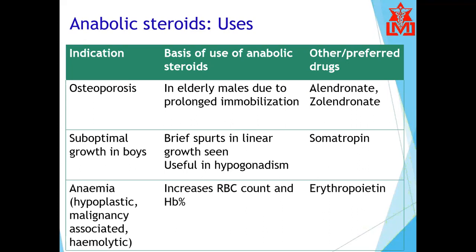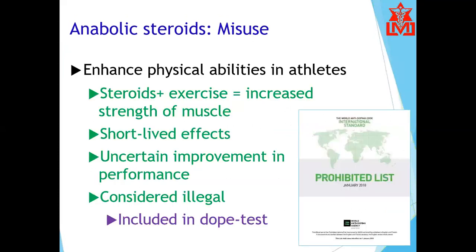For suboptimal growth in boys, a brief spurt in linear growth is seen, useful in hypogonadism, but the best one is somatropin. In anemia, such as hypoplastic anemia or malignancy associated with hemolysis, erythropoietin is used to increase hemoglobin. It is also commonly used in end-stage renal failure, because there is no hemopoietic activity, so it is given in that.